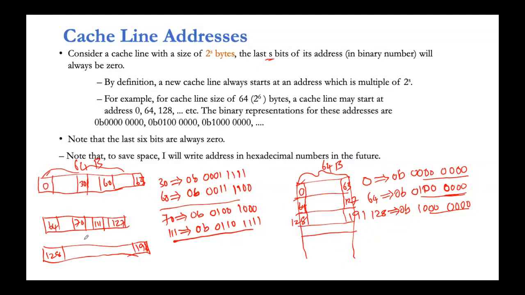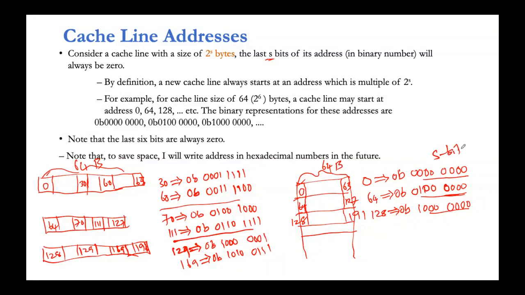Assume the arbitrary data in this cache line is at, suppose, 129, and another at 169. The binary address for 129 is 1000 0001. For 169, the binary form is 1010 1001.